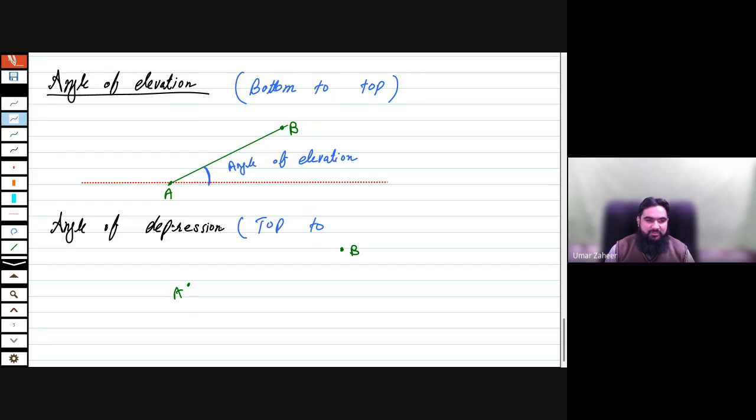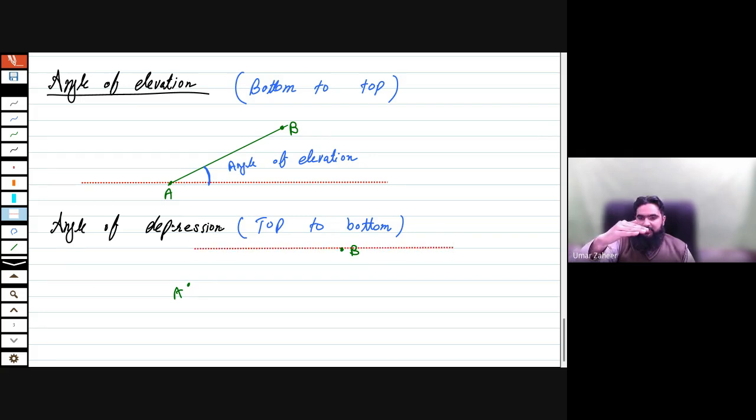Obviously, these are the bookish definitions, just for understanding and memorizing. So again from the top, this is the top.